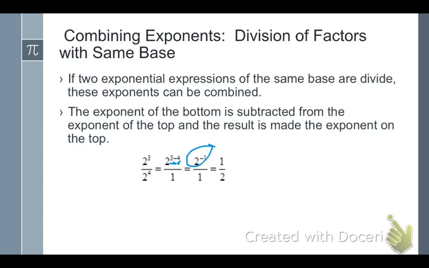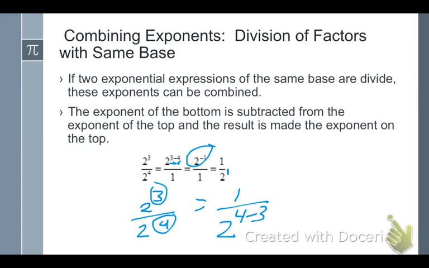Well, I can rewrite that as 1 over 2 to the positive 1. I don't usually write the positive 1 exponent, though. So I did top minus bottom and left the result on the top. I could have done this. I could have left the 1 up there and done 2 to the 4 minus 3. So if I do bottom exponent minus top exponent, I leave the result on the bottom. And that also would give me 1/2.